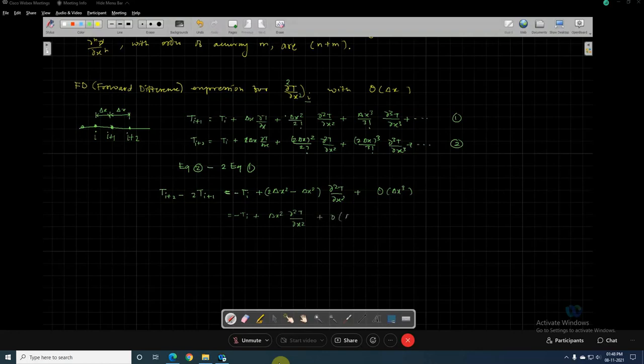Plus order of delta x cube. So this will get it like minus Ti plus 2 plus 2Ti plus 1 minus Ti plus Ti.